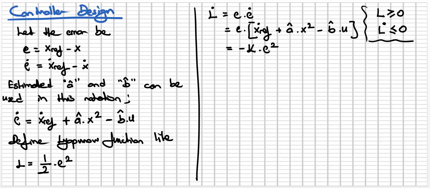Because E square is always positive, if we take K greater than or equal to 0, this function should be minimized in here, okay? And so we should delete these terms in here, like this one, and then K should be greater than 0.